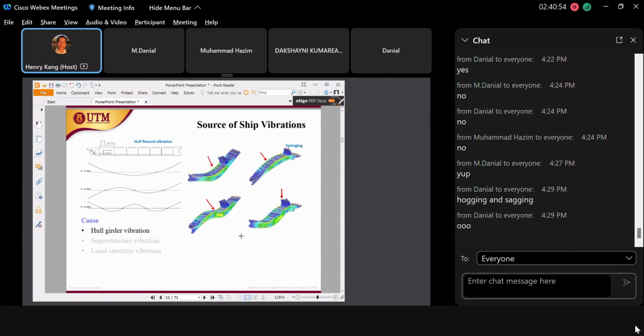But springing is a certain large force that hits the structure until the structure needs to transfer the energy from one side to the other side of the structure until the end.